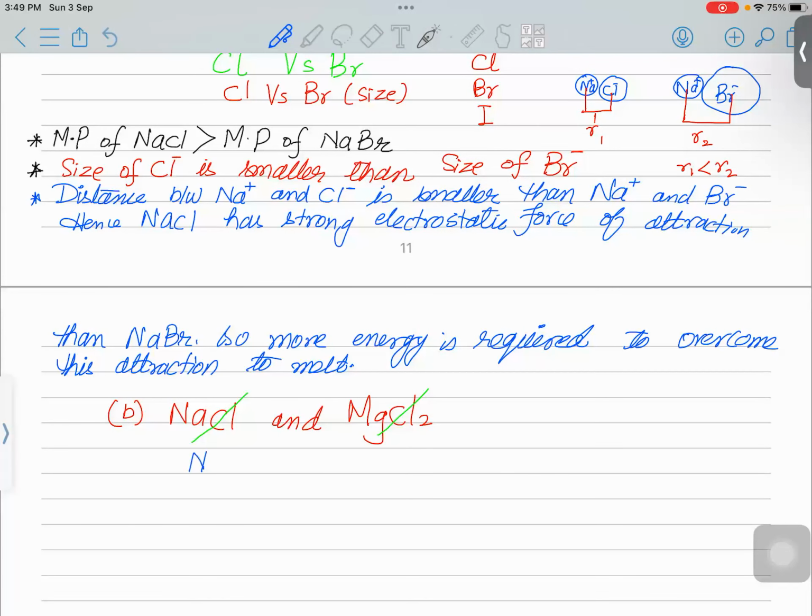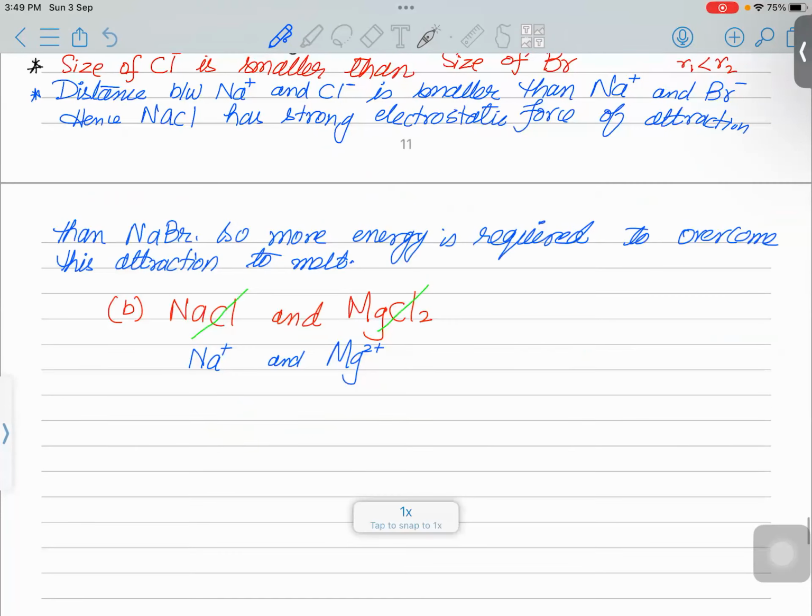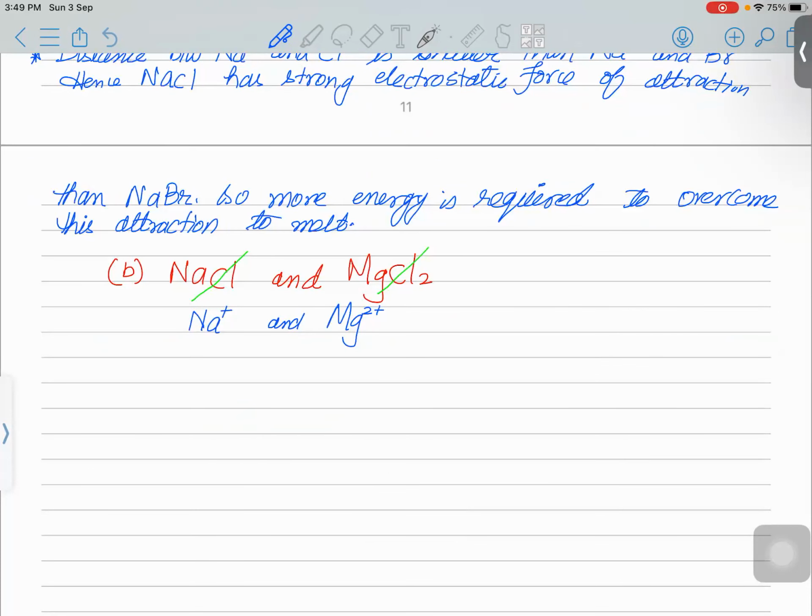You have sodium plus and magnesium plus 2. So now charges are not cancelled out. Which one has more charge? Magnesium. So magnesium has more charge, strong electrostatic force of attraction, high melting point.